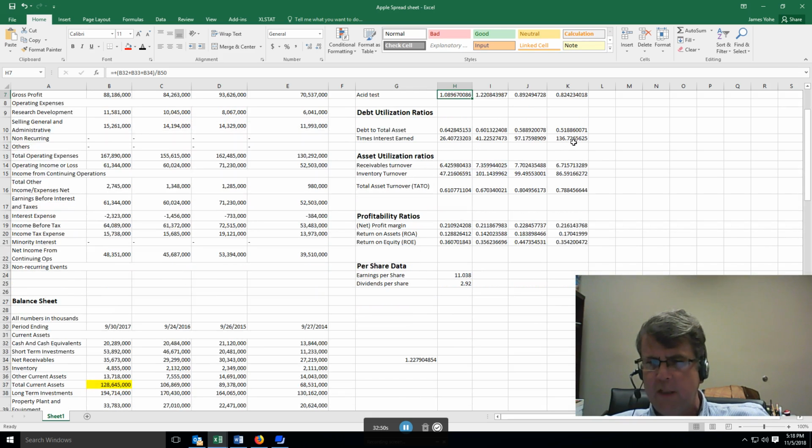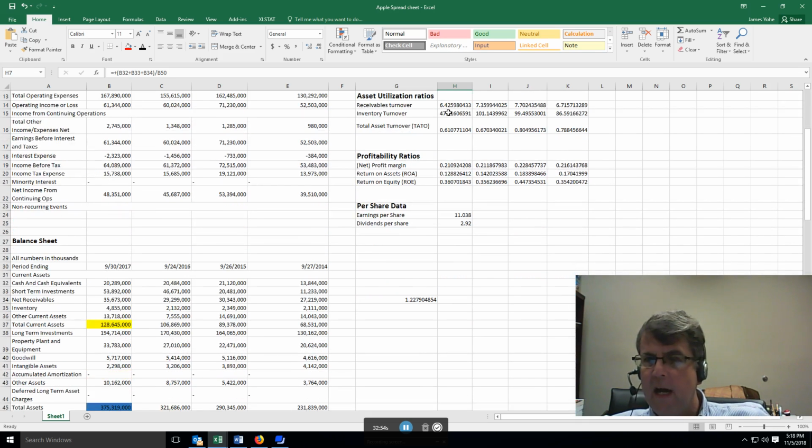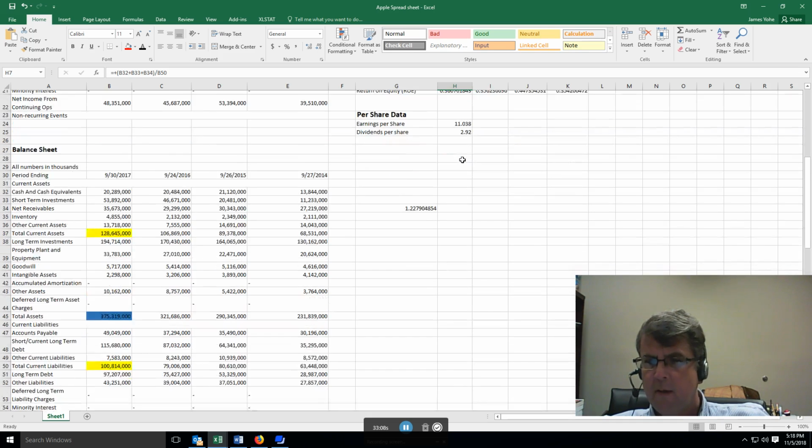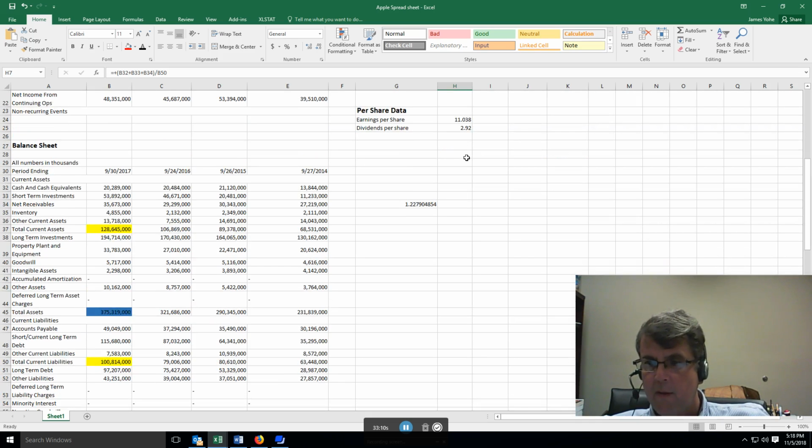These are big changes, 136 to 26. And that's not being met by increased turnover. Or, as we've seen here, profitability margins aren't significantly higher. In fact, they're lower than in some years. That's an indication that there might be some problems with Apple.